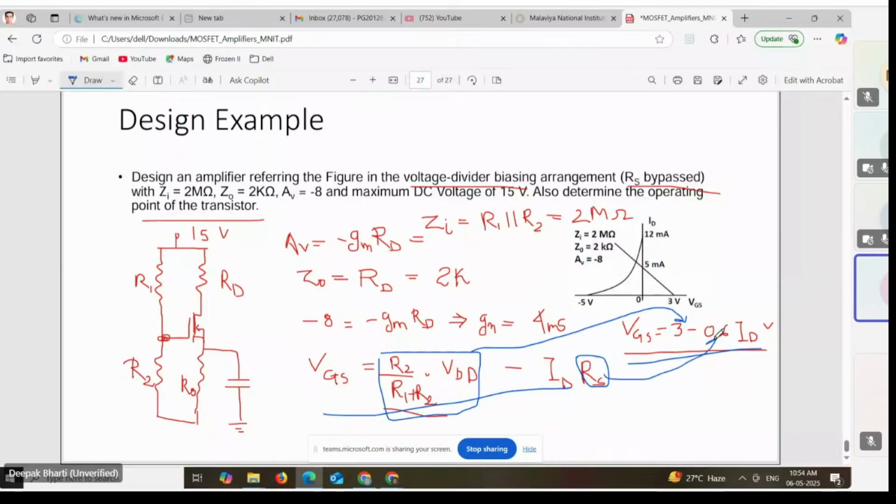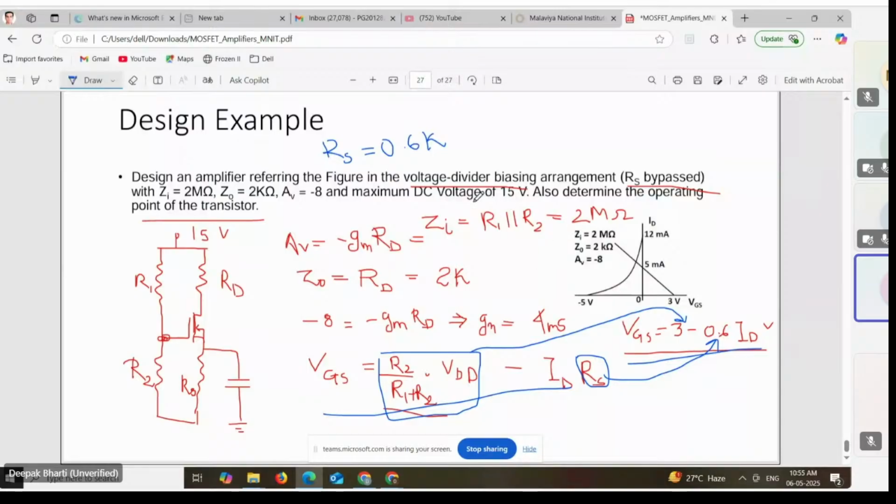RS is 0.6. So we have determined the RS also. RS is 0.6K. So RD we have determined, RS we have determined.